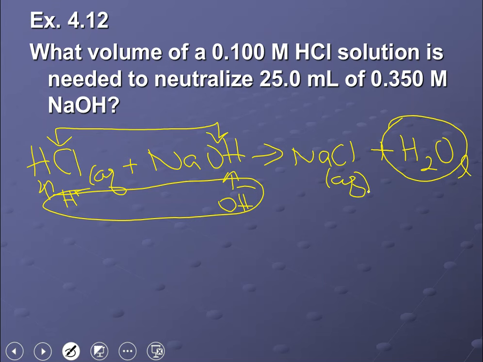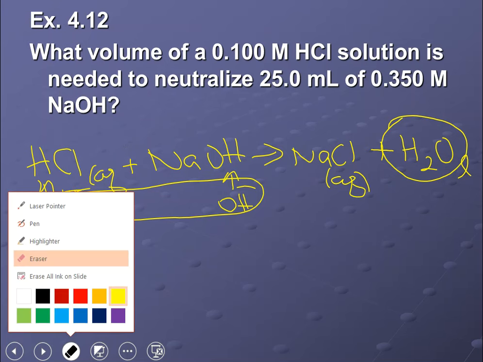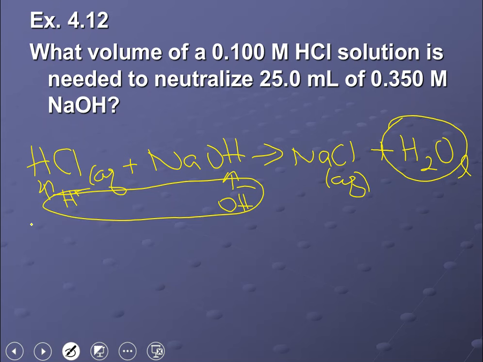All right, so let me see if I can get rid of this up there so I can label. Okay, so we have 25 milliliters of the sodium hydroxide, and the concentration is 0.35 molar.